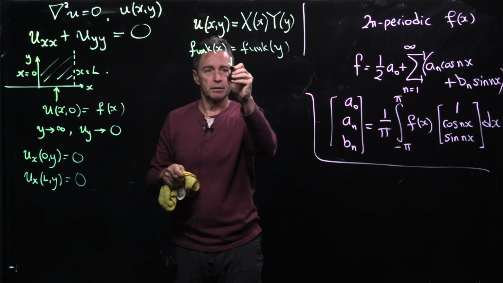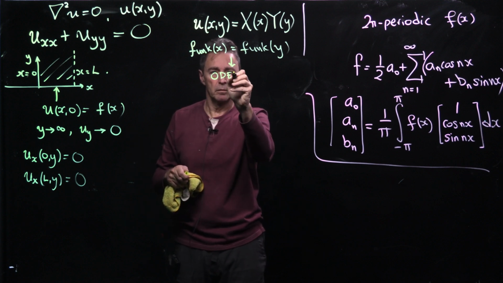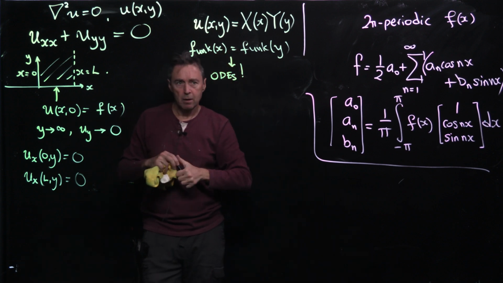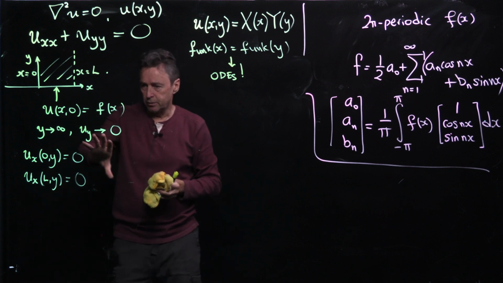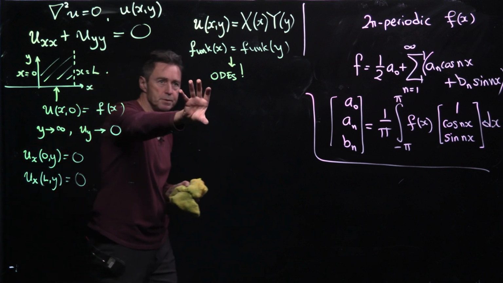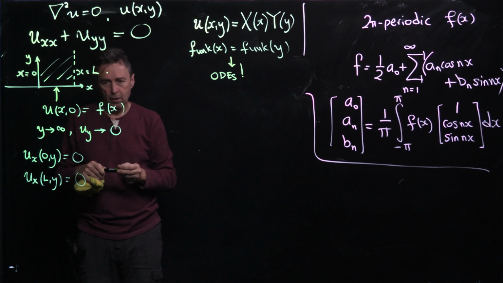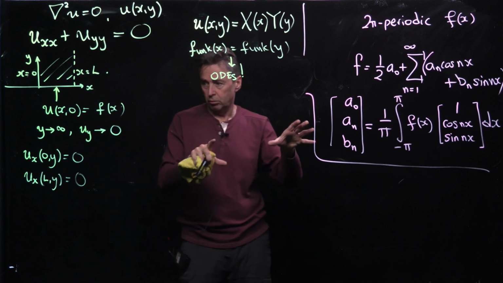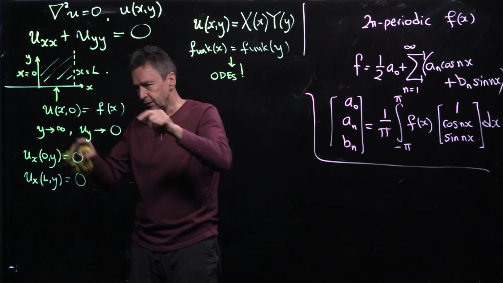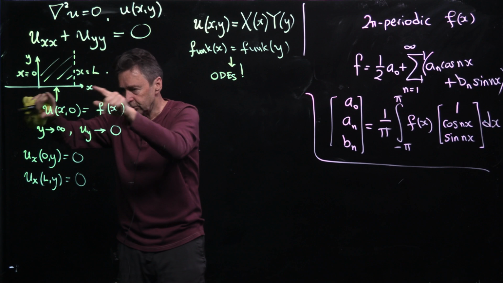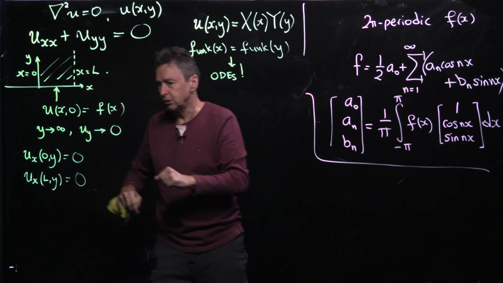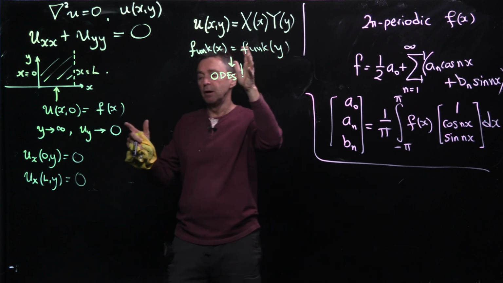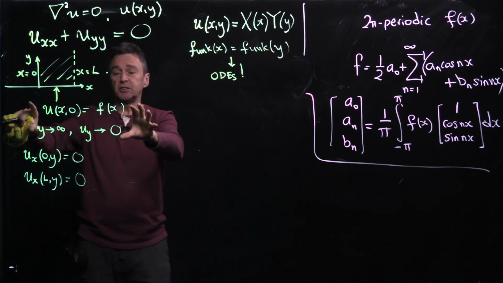I get ODEs. And I'm aiming to solve them. And I need to use some of these conditions to help solve that problem. So the strategy last time was to look at the additional bits of information. That was the boundary and initial conditions. Now it's just these boundary conditions, and split them up and say, well, there's some more complicated ones.